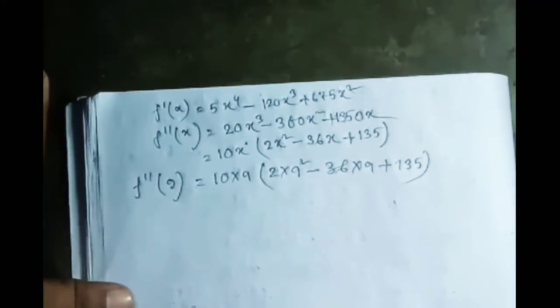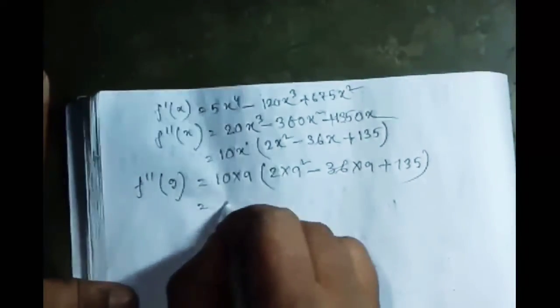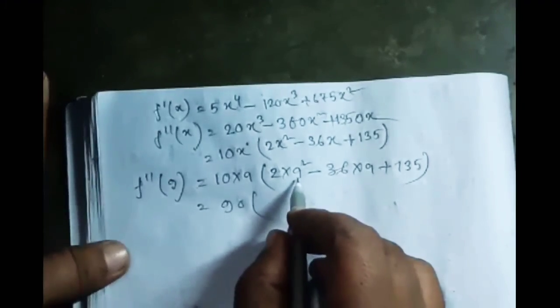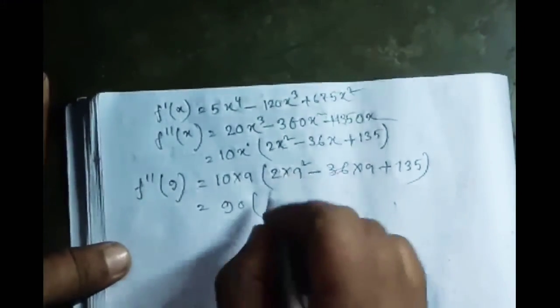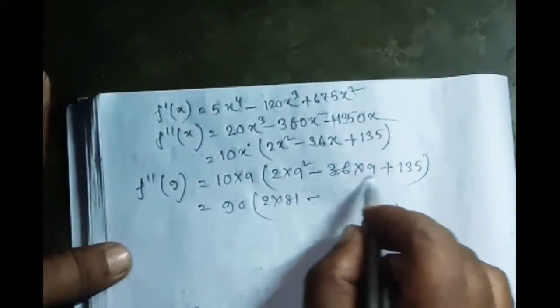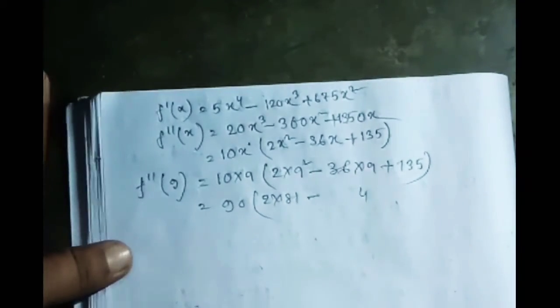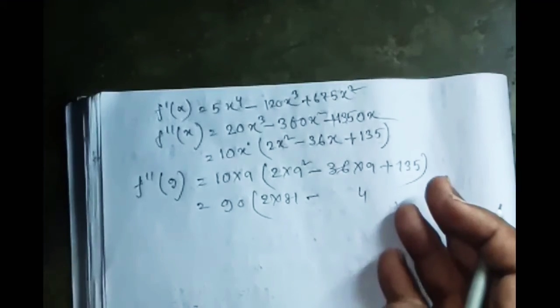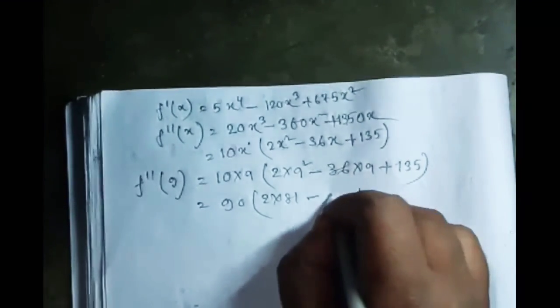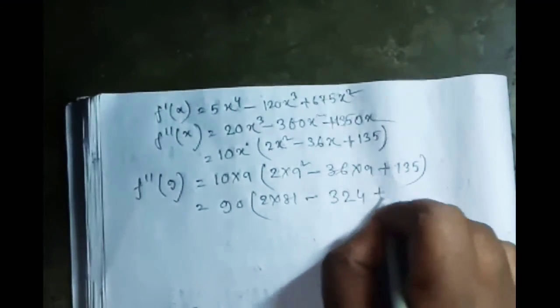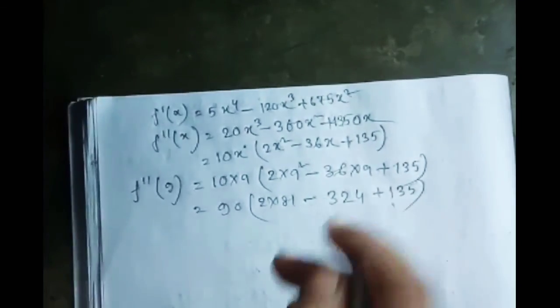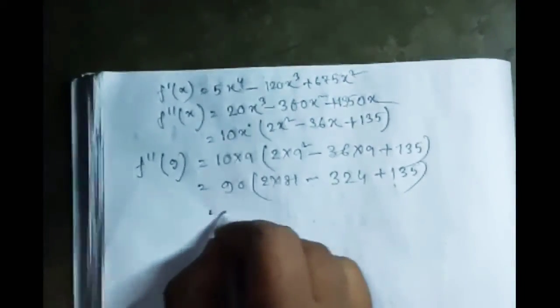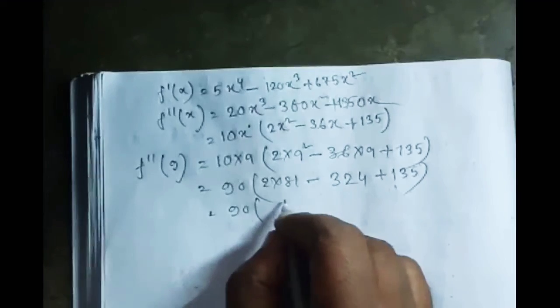So this is 90, times 2 into 81 minus 324 plus 135.